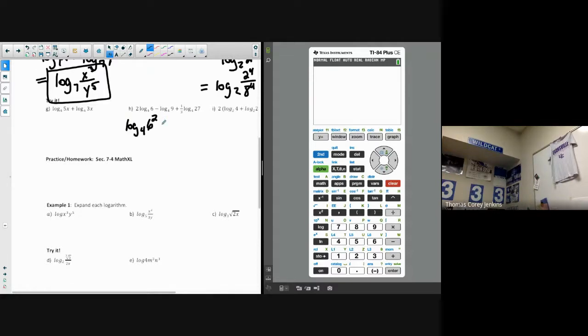We don't have a coefficient here, so that's minus log base 4 of 9. We just left that as is. And then we have a coefficient of 1/3, right? So 27 to the 1/3 is also known as the cube root of 27. I'll write it as 27 to the 1/3. So plus log base 4 of 27 to the 1/3.